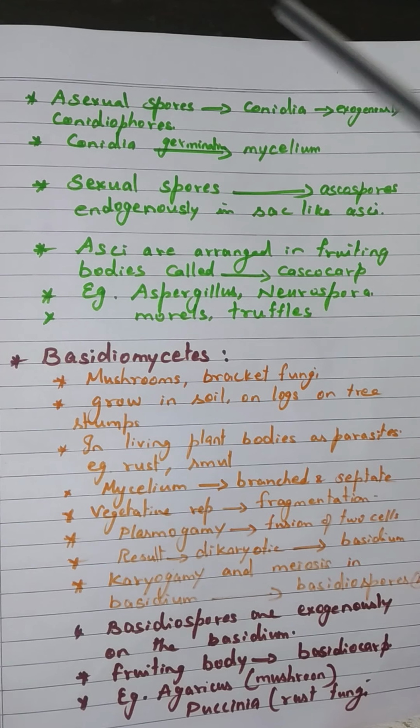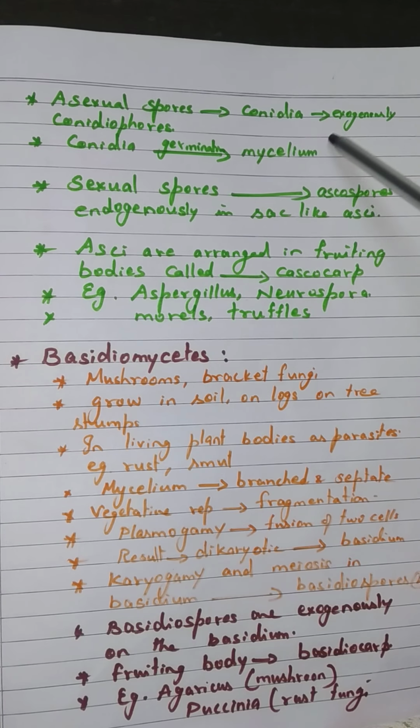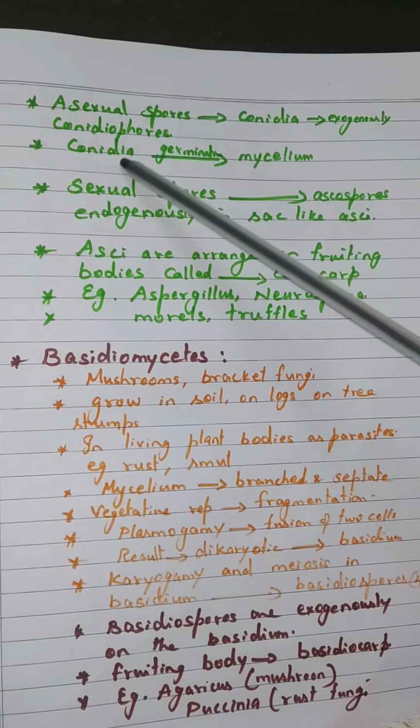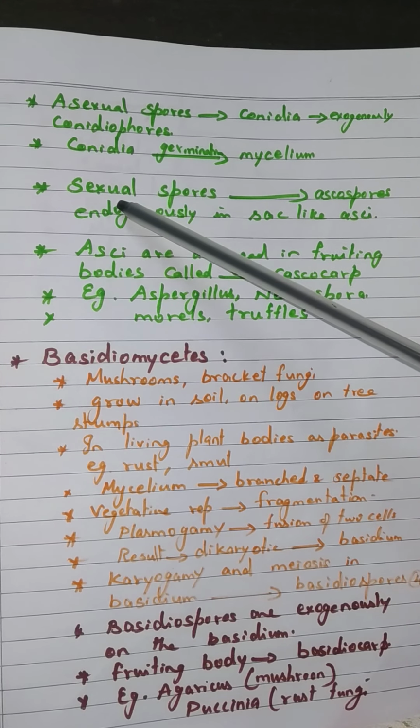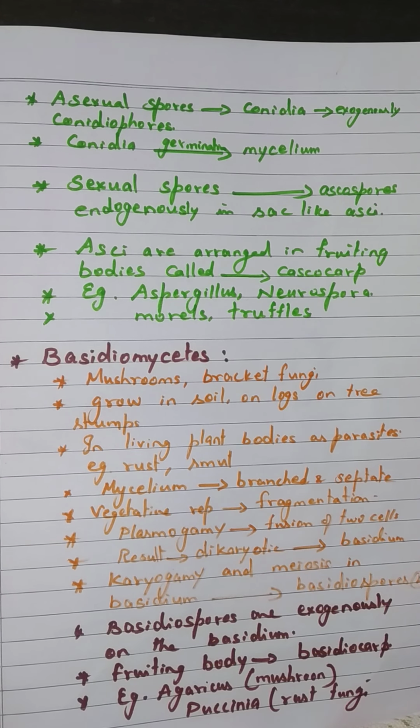Here in Ascomycetes, the asexual spores are conidia. They are produced exogenously on the special mycelium called conidiophores.